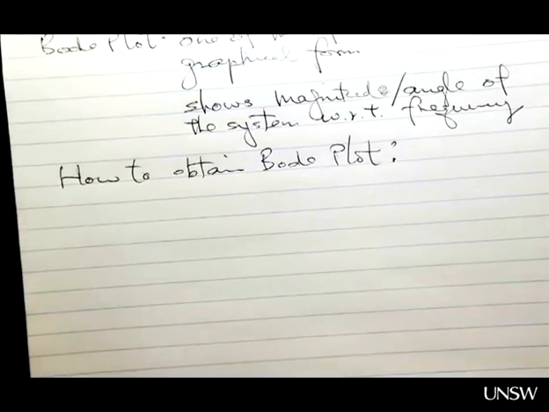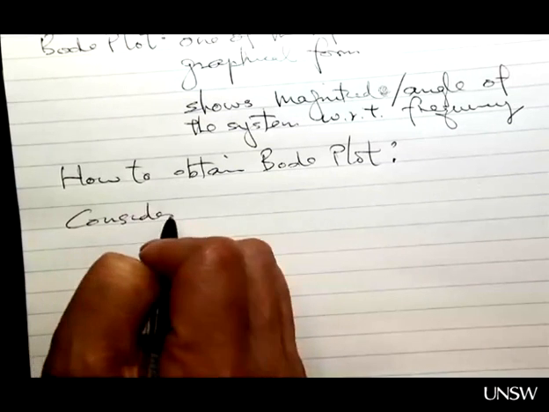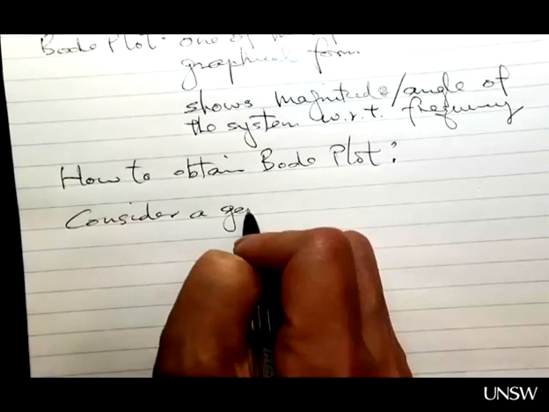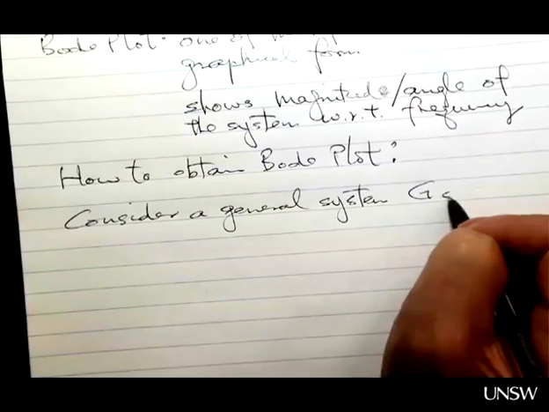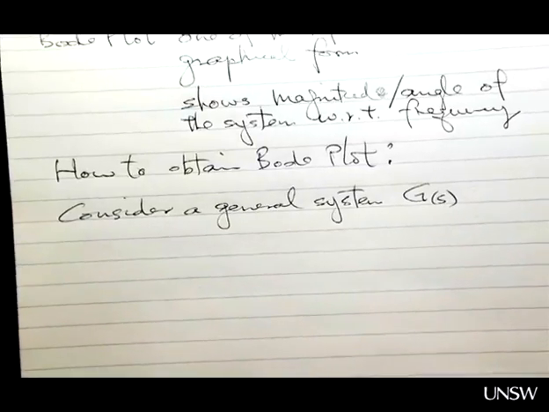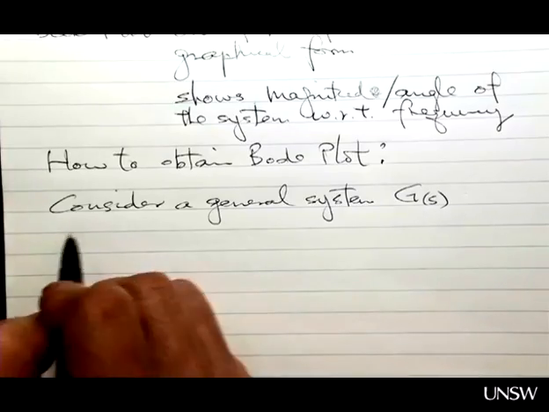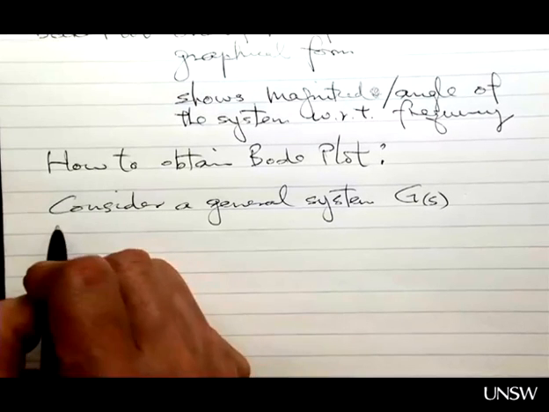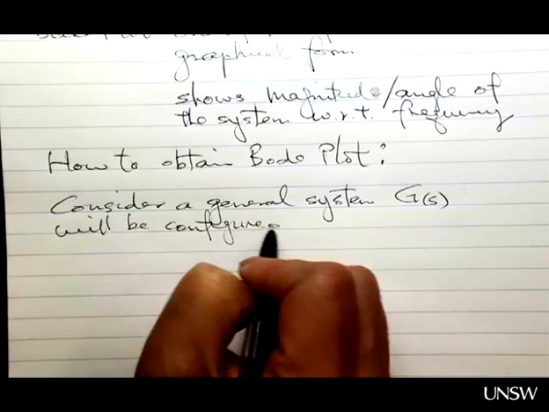From here, we start looking at a general system. We consider a general system G in the Laplace domain, G of S. This system will be configured in a feedback system.